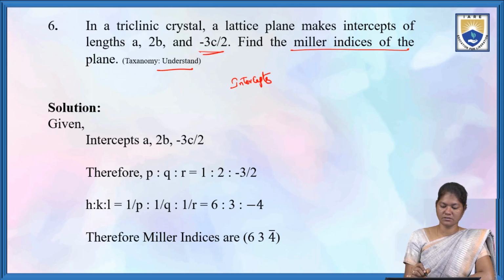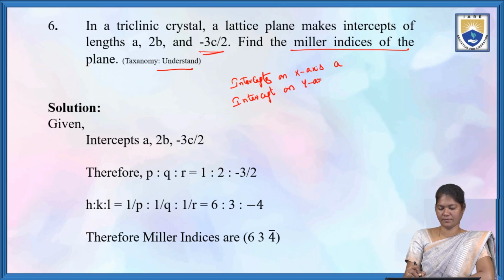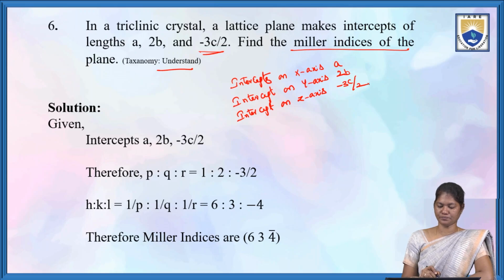The intercepts on the x, y and z axes are a, 2b and -3c/2.